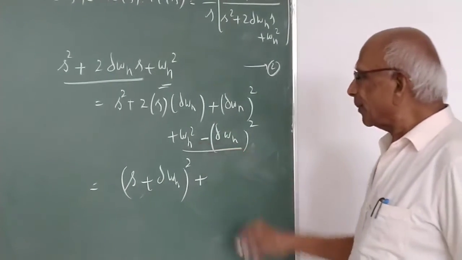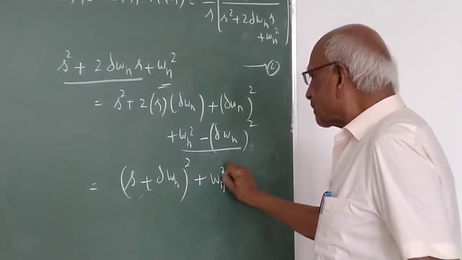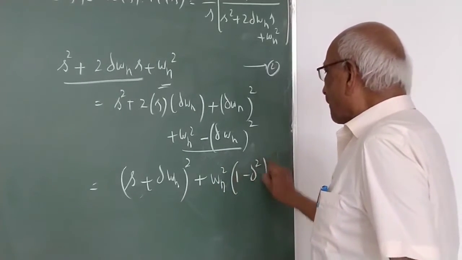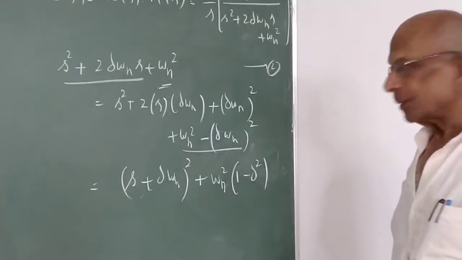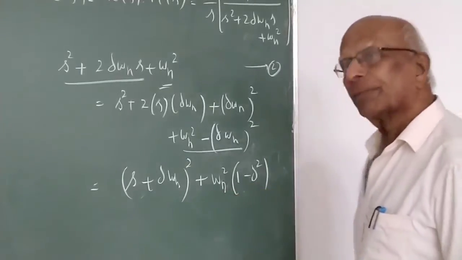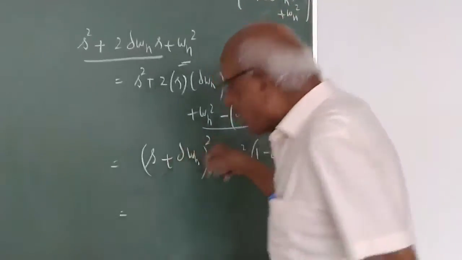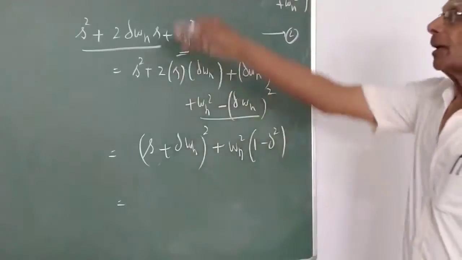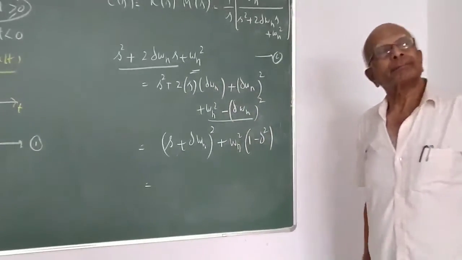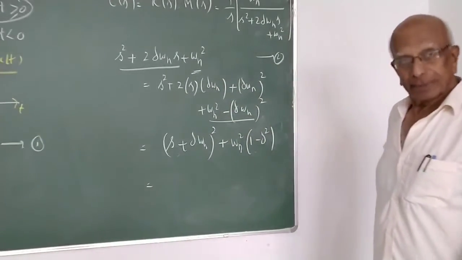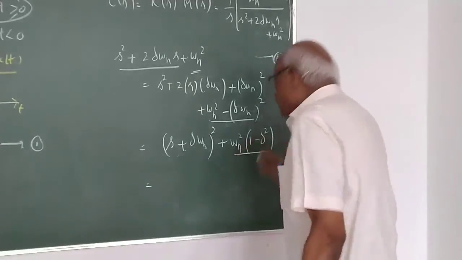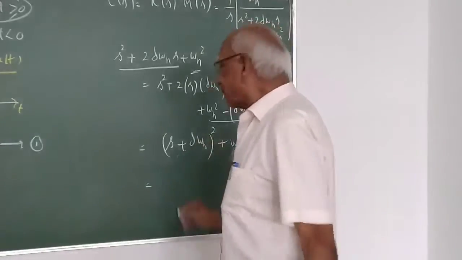Which is common? Omega n squared. Removing that as the common factor, you can write it as omega n squared into 1 minus delta squared. As omega n and delta are important in the performance characteristics of the system, even this is also very important, perhaps more important.